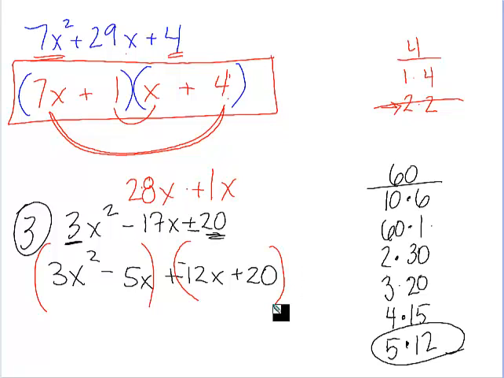And we look for greatest common factors. So what's the greatest common factor of the first parentheses? 3x squared and 5x. What's the greatest common factor? X. So we take the x out, and what are we left with? 3x minus 5. Look at your second parentheses.